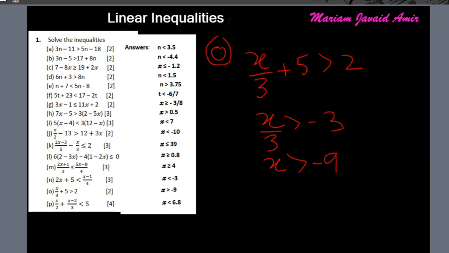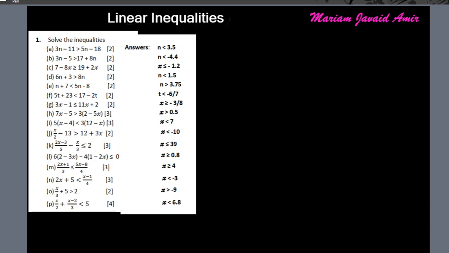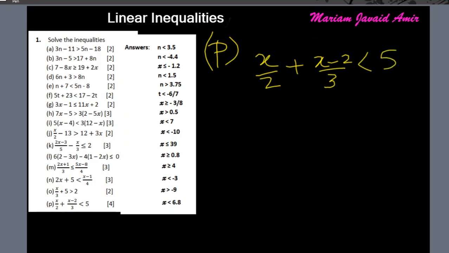Part P, which is x over 2 plus (x minus 2) over 3 less than 5. Take LCM first. 6, 3x plus 2 times (x minus 2), so 2x minus 4 less than 5.